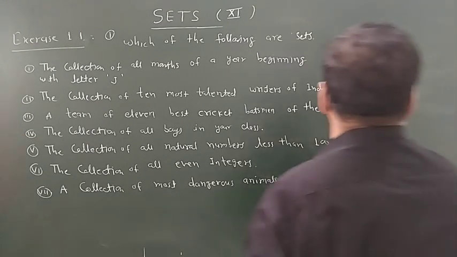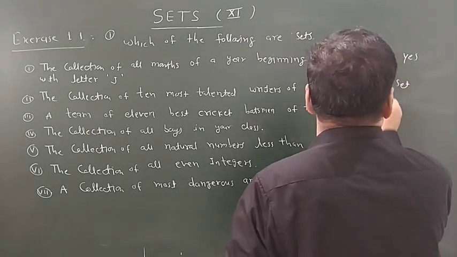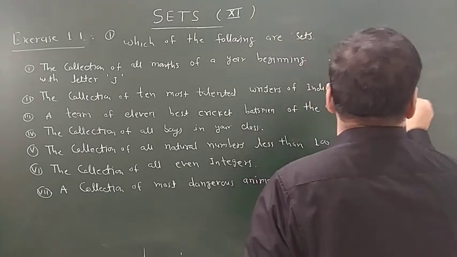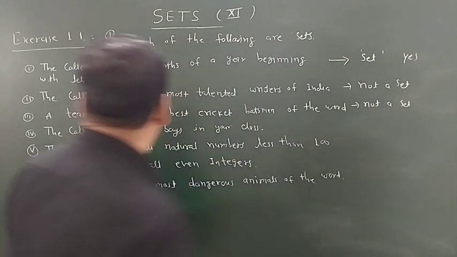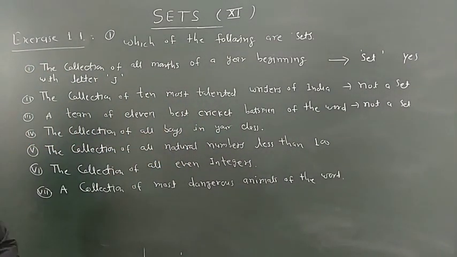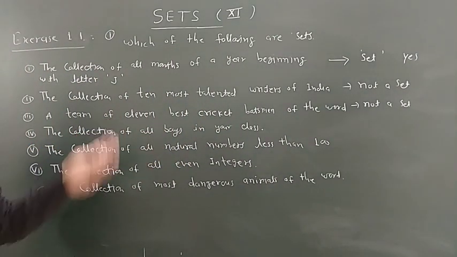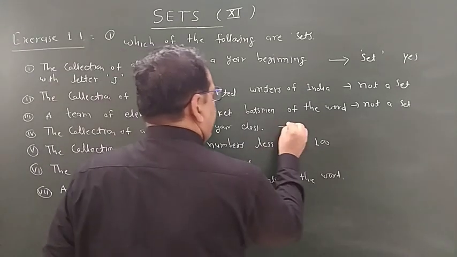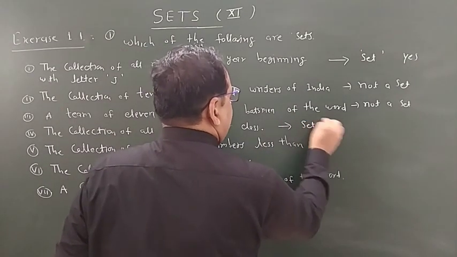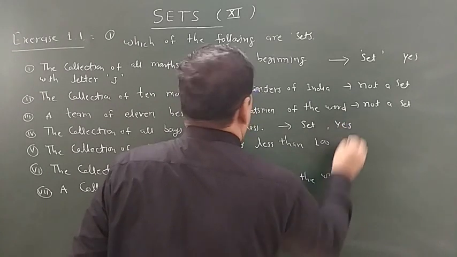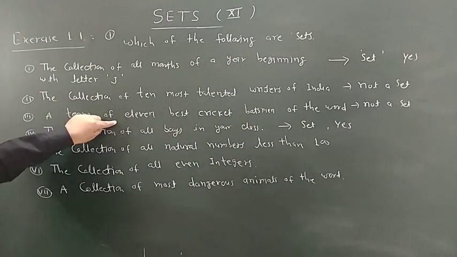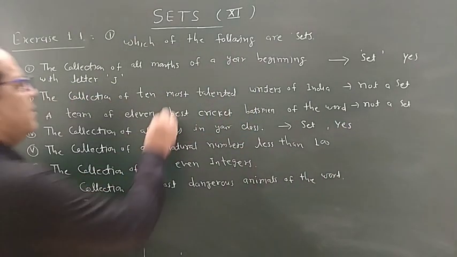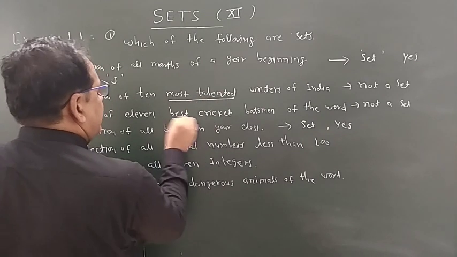This is not well defined, so not a set. Now the collection of all boys in your class: there is no problem. This is a well defined collection, so yes, it is a set. In two questions, the words 'most talented' and 'best' are the problem.